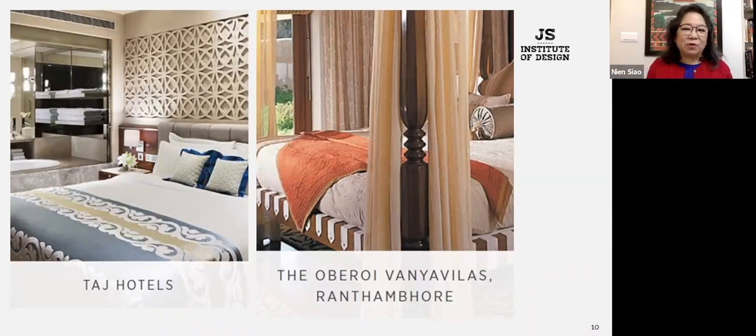So I do want to inform the participants, Window Passions have done many projects in the space of hospitality as well. They've done the Oberois, the Vanya Villa, Ranthambore, the American Embassy, as well as Taj Hotels, and of course, many personal, private residences.